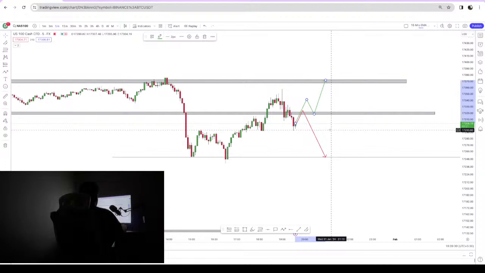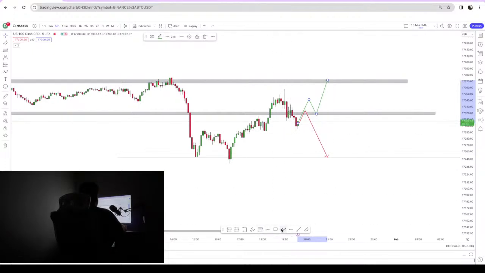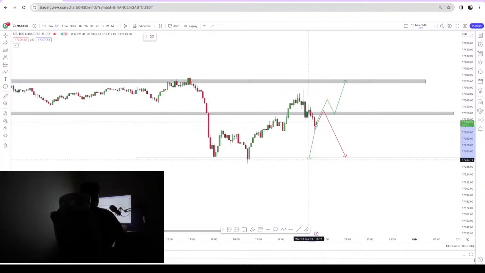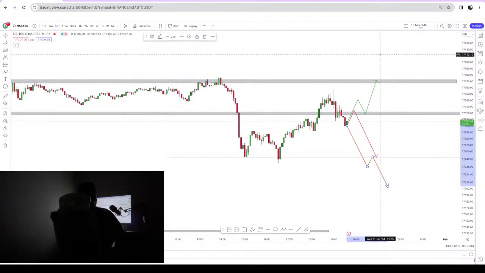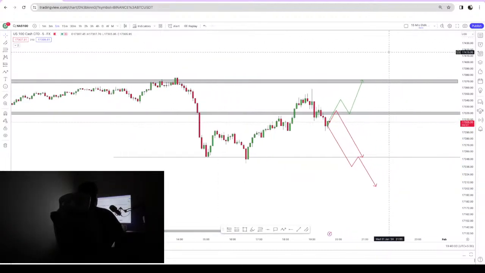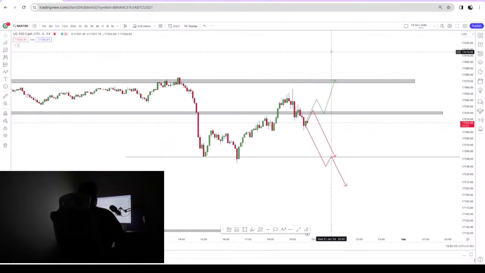So these two are the analysis. Next, if it straight away shoots down, as our bias is a little bearish, I'll think of a break, a retest, then a downside trade. It's a bearish idea, so I'll make it red, right?